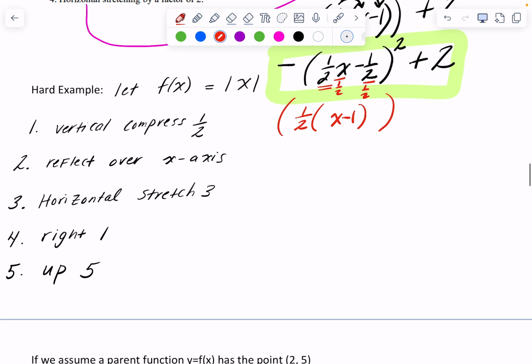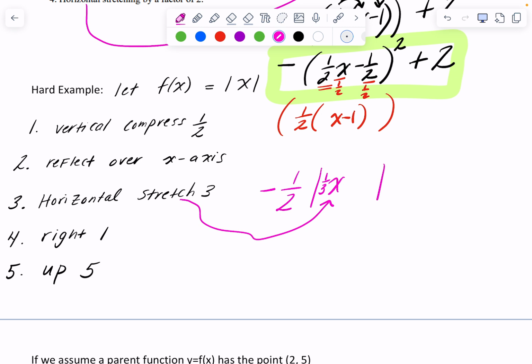Holy cow, this one has a lot. This time it's absolute value. Vertical compress of 1/2. So we'll go 1/2. I'm going to put absolute value signs and then x for now. Reflect over the x-axis. Isn't that in front? Horizontal stretch of 3. This is me just thinking. If we're stretching by 3, we got to times by 1/3 in front. Right 1.